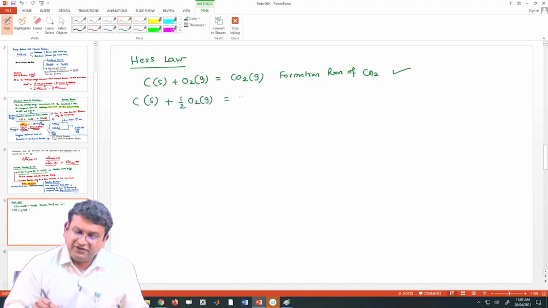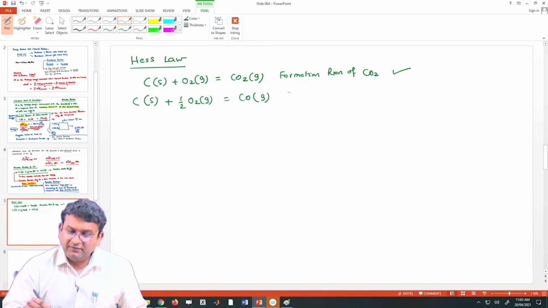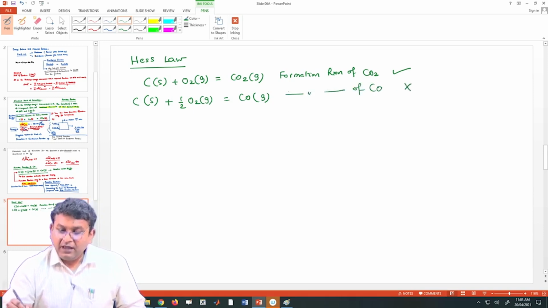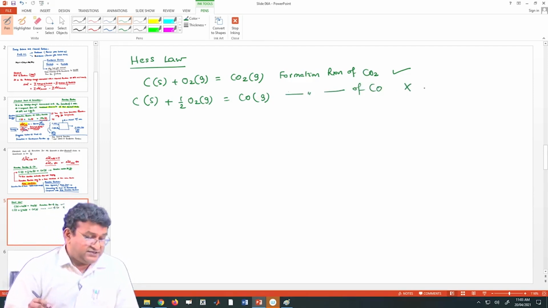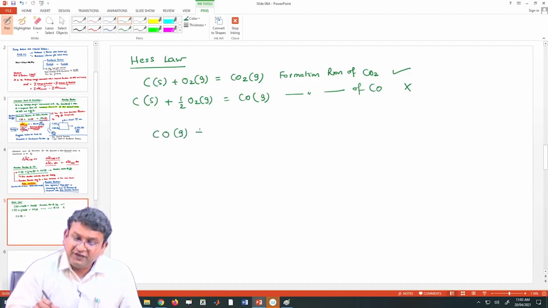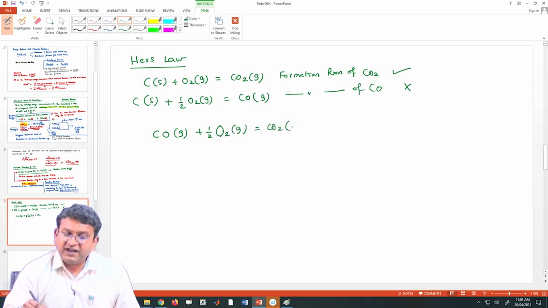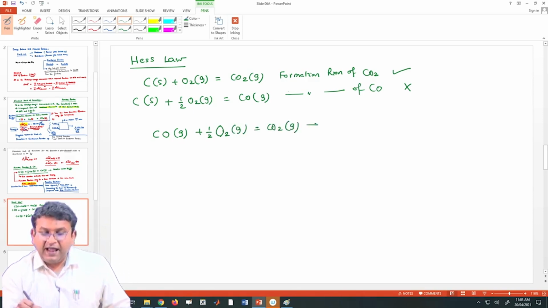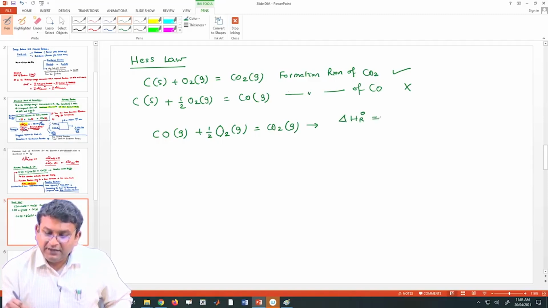This is the formation reaction of carbon monoxide, and this is false. However, another reaction takes place, and that reaction is the oxidation of carbon monoxide. This reaction is not a formation reaction, but it can be performed and its heat of reaction value is known.